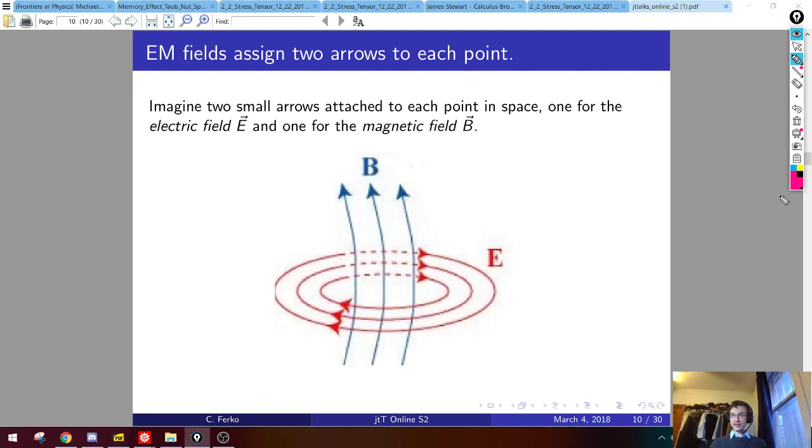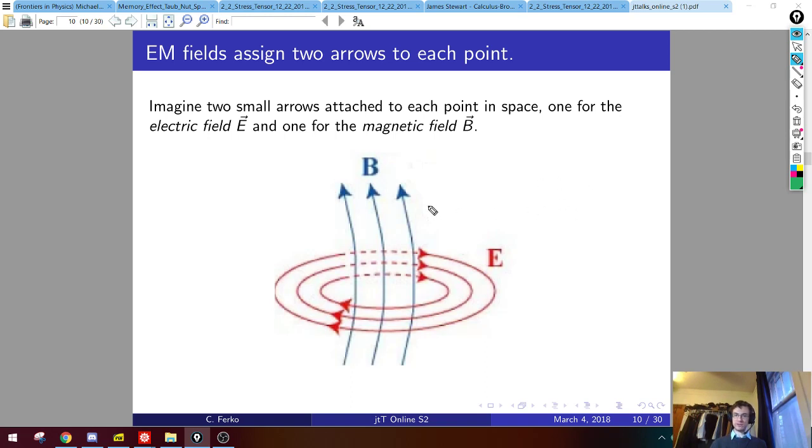First, what is electromagnetism and what is light? If you take a college course in E&M or Physics 2, you'll spend a semester of your life doing this, but the short version is that the entire theory of electromagnetism is simply a way of assigning 2 arrows to every point in space.